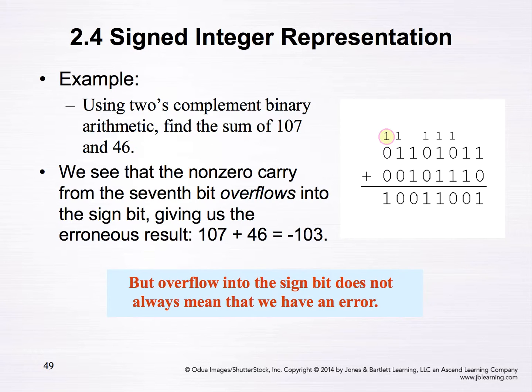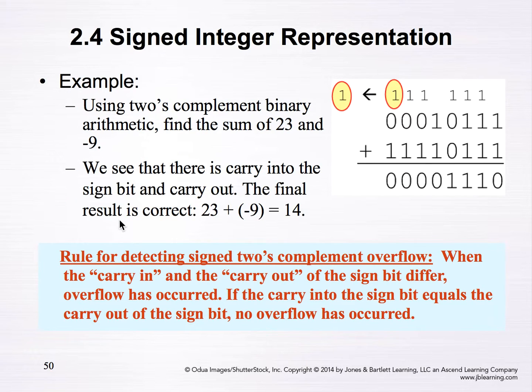So here's another example. Using two's complement binary arithmetic, find the sum of 23 and -9. First of all, we need to represent 23 right here.